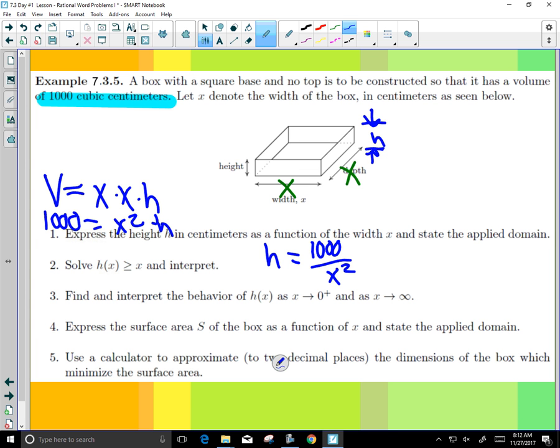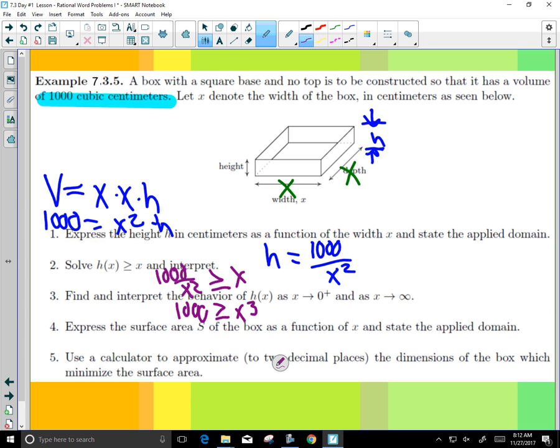Good. Now, for this part, solve h of x greater than or equal to x. So this 1,000 over x squared has to be greater than or equal to x. So then what we could say is 1,000 greater than or equal to x squared times x.